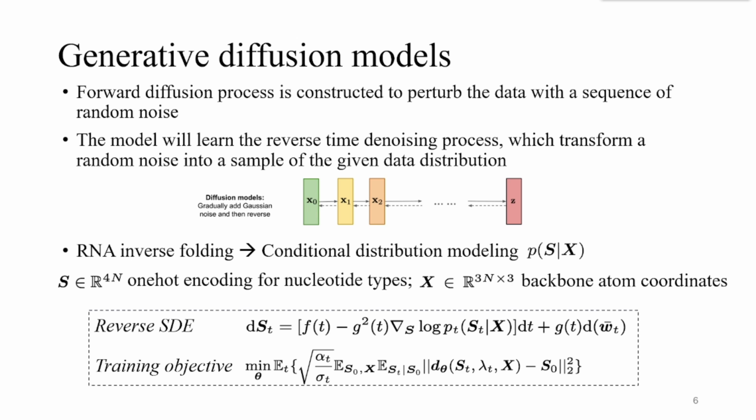In this reverse-time SDE, this is the score function, which represents the gradient field of the logarithmic marginal distribution. We establish a data prediction model to parameterize the score function, facilitating the reverse process. Following typical diffusion models, we optimize the data prediction model with a simple weighted square error objective function.